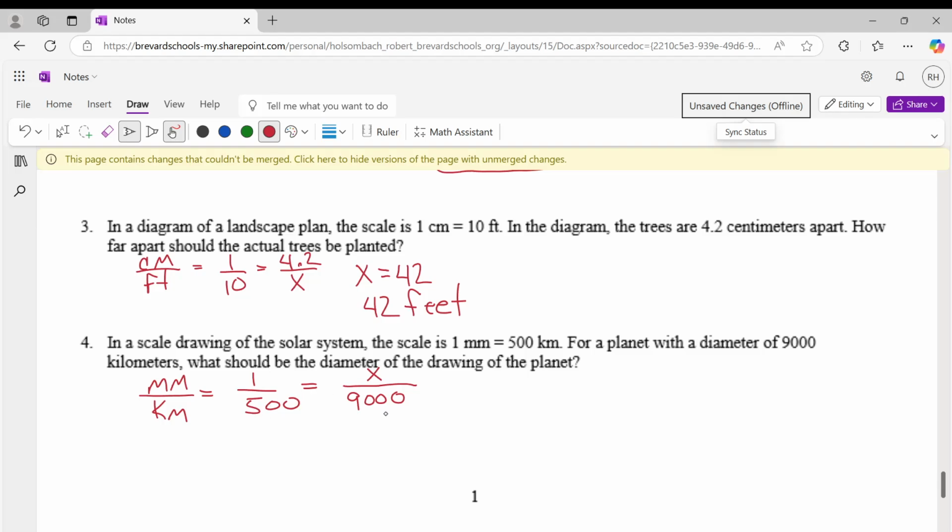So again, we crisscross multiply, we get 500x is equal to 9,000. Divide each side by 500.